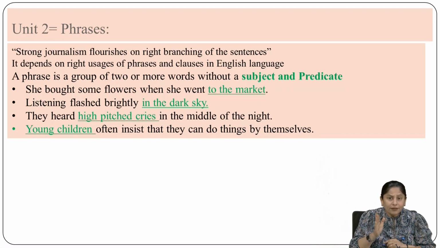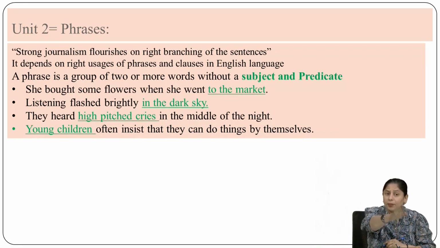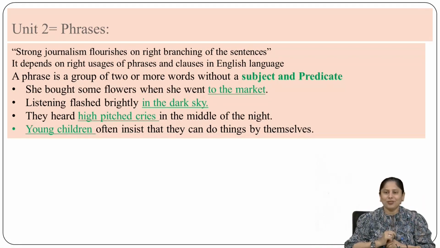It is an adverbial phrase as well. You can say adverbial phrase also. And to the market is an adverbial phrase. That's why it is not part of the predicate as well as the subject. So phrases are a very important part and they are a group of words and they are generally not taking the verbs that you have to keep in your mind.